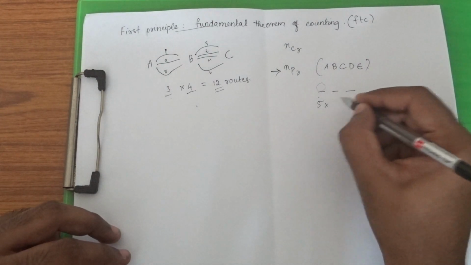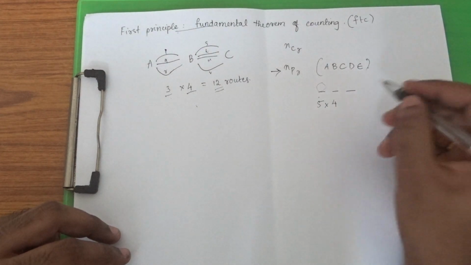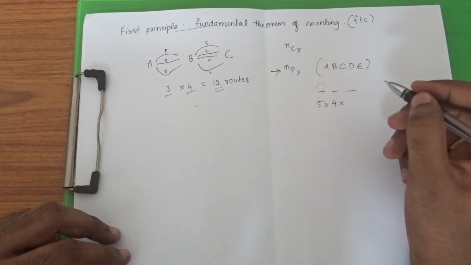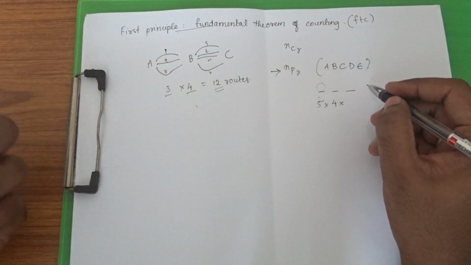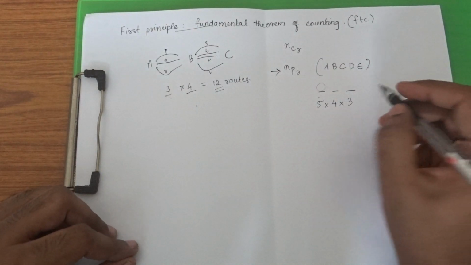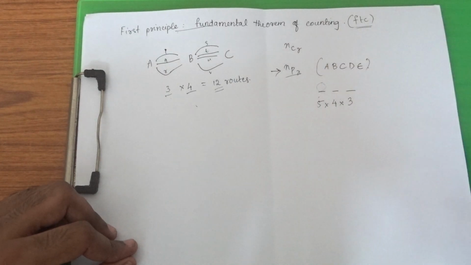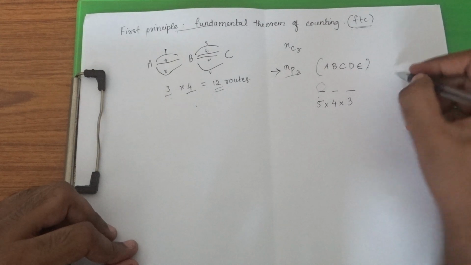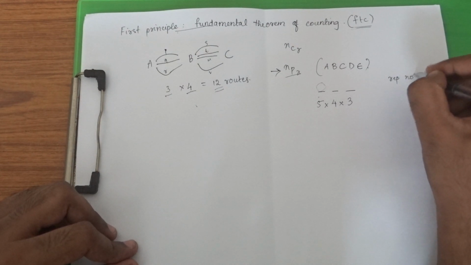So when I do step 2, which is to fill the second dash, I have only 4 letters to choose from. So into 4. And then 2 letters are now gone. I can choose any one of the remaining 3 for the last dash. Then it becomes 5 into 4 into 3. So when you apply FTC directly, you will get the NPR formula. The derivation is very simple. This was the Scrabble example, the one where repetition is not allowed.